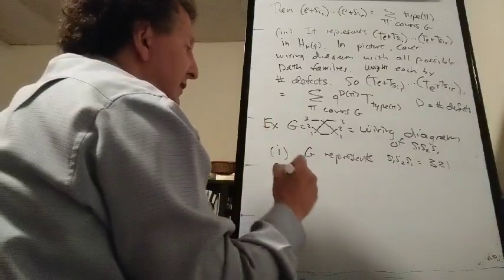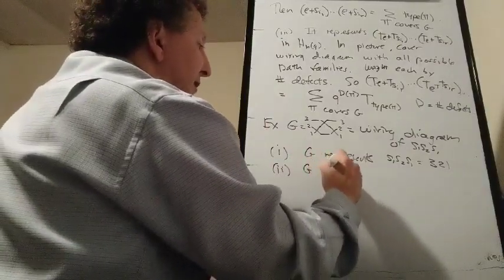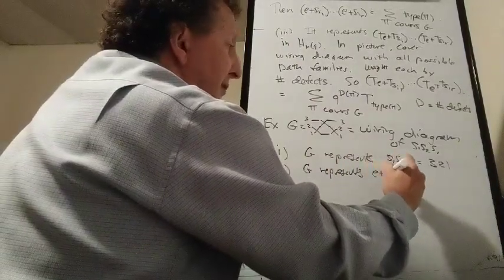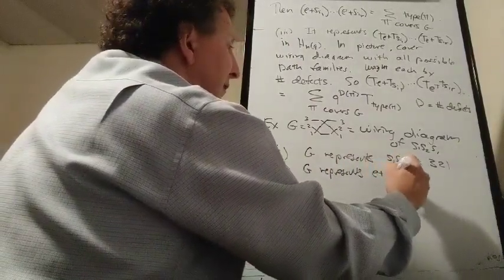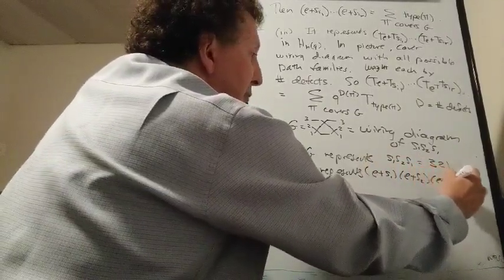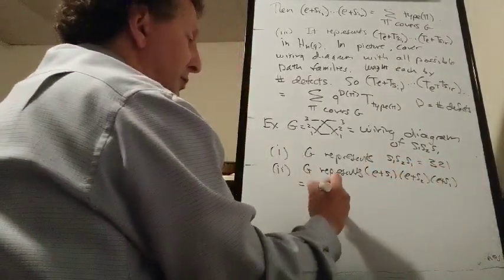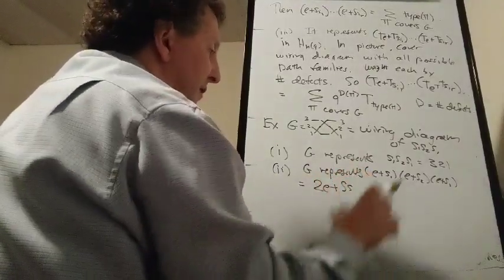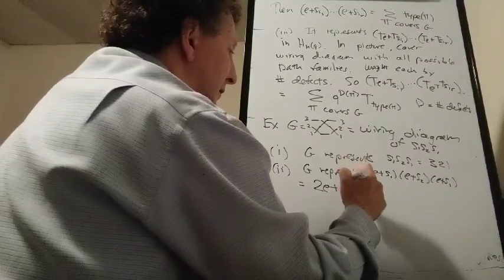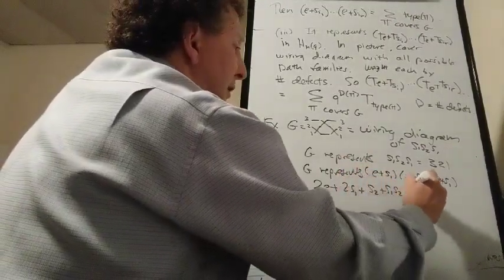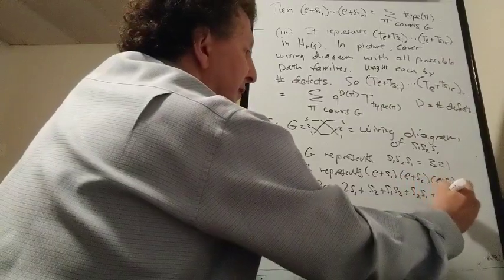And if we use it in the second sense, then G represents E plus S1 times E plus S2 times E plus S1, which we can multiply out, and that is 2E plus 2S1 plus S2 plus S1 S2 plus S2 S1 plus S1 S2 S1.